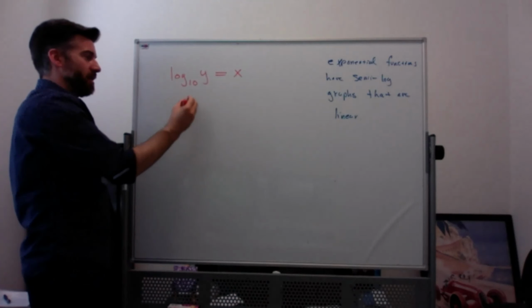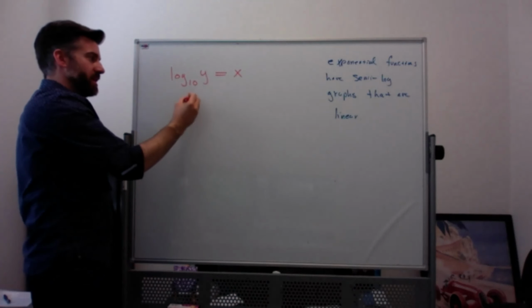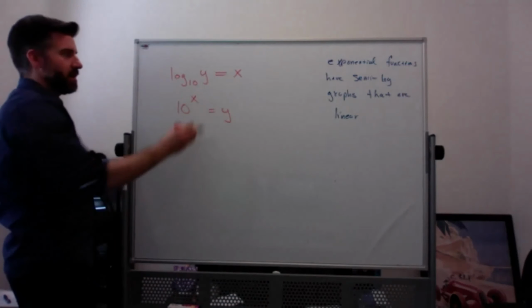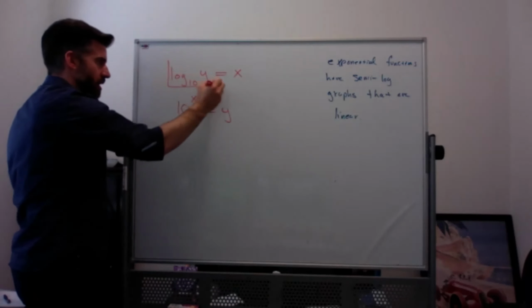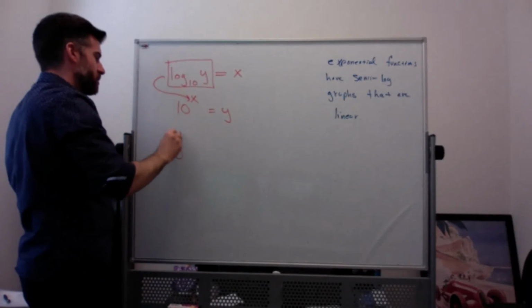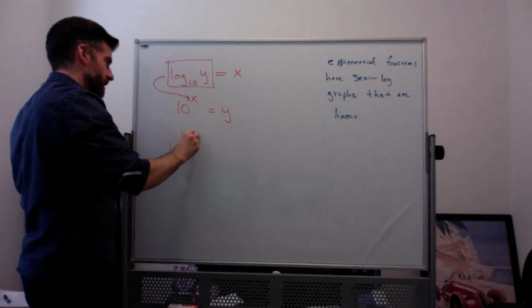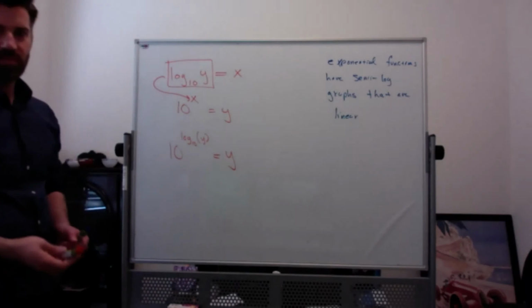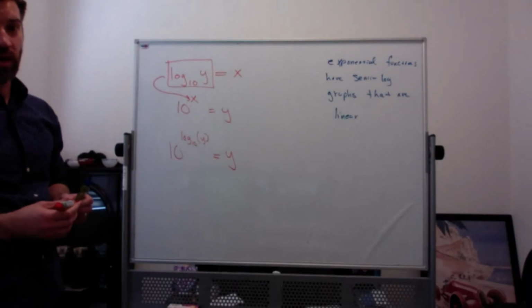Yeah, what's the power? x. What's it equal to? y. Right, but look, x is all of this. So 10 to the log base 10 of y is equal to y. So that's what's going on there.